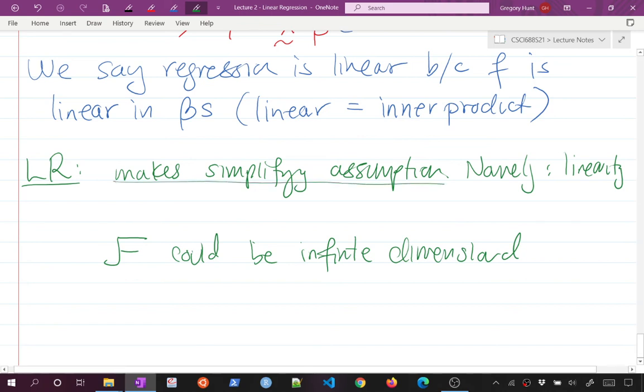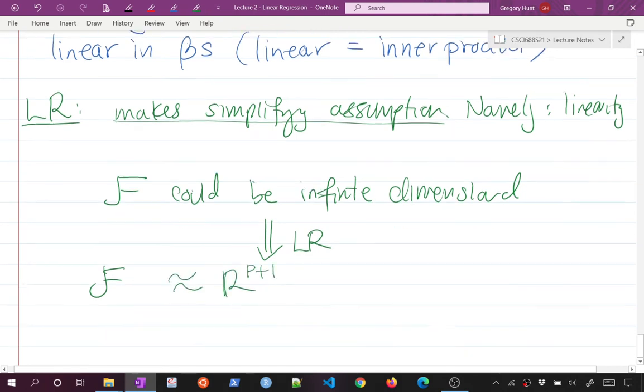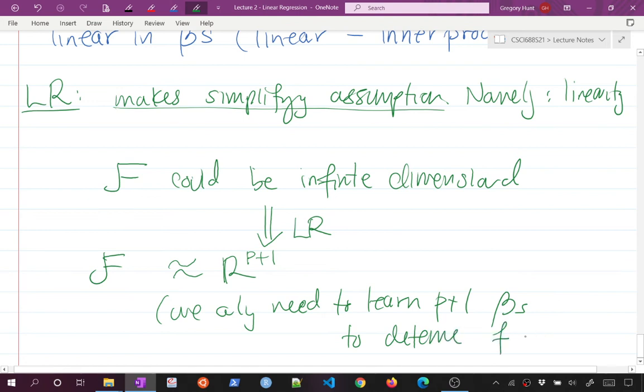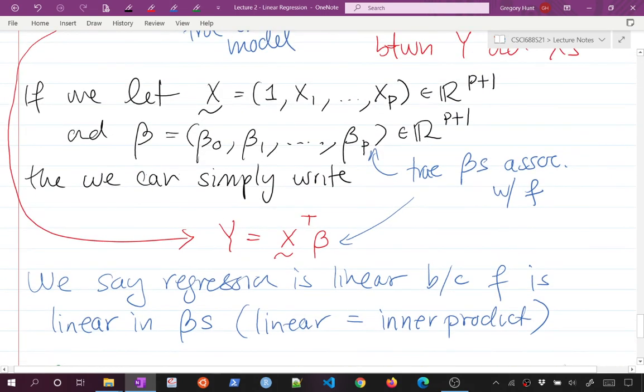So the simplifying assumption is that linear regression is going to say f is basically the same thing as R^(p+1). That is, we only need to learn p plus 1 betas to determine f, or f hat, right? So the idea here is that this whole general statistical learning problem has a whole possible space of infinite dimension of possible functions.